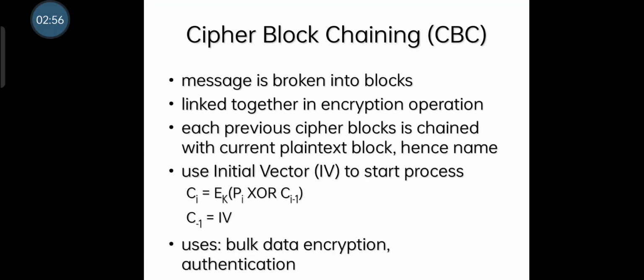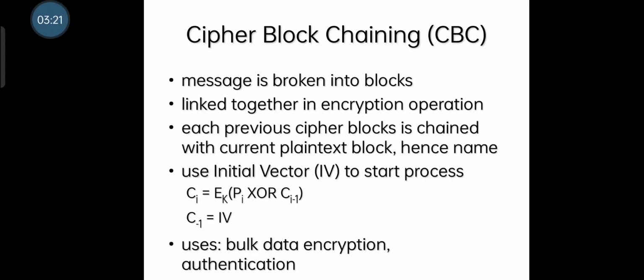The next one is the cipher block chaining mode. In this, the message is also broken into parts and then linked to each other. The output of the previous cycle is given as the input to the next one. Each previous cipher block is chained with the current plain text block, hence the name, with the help of the initialization vector IV to start the process.